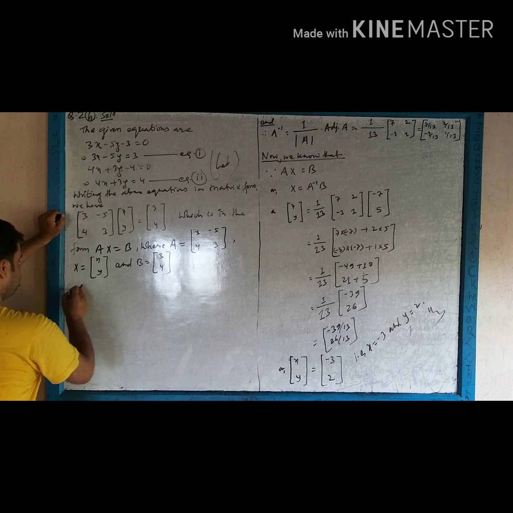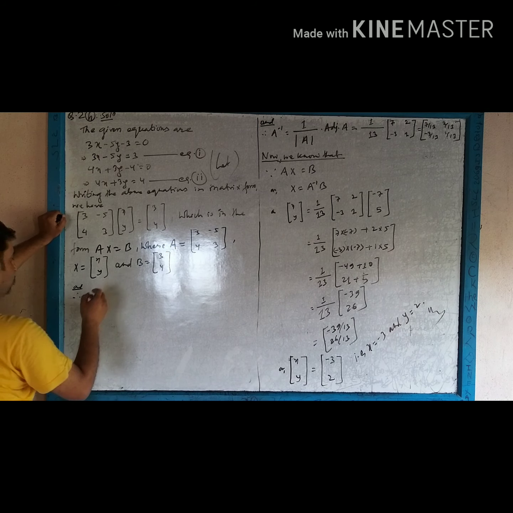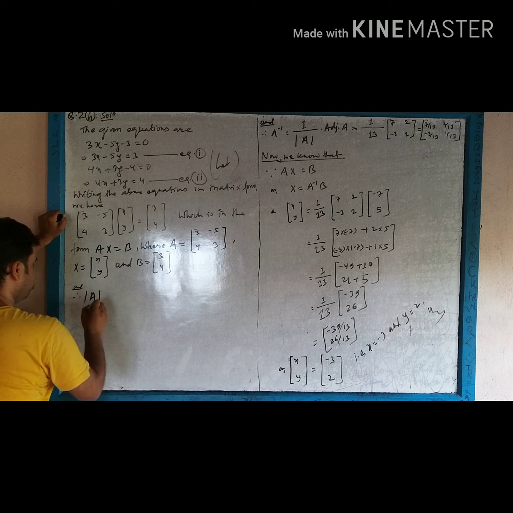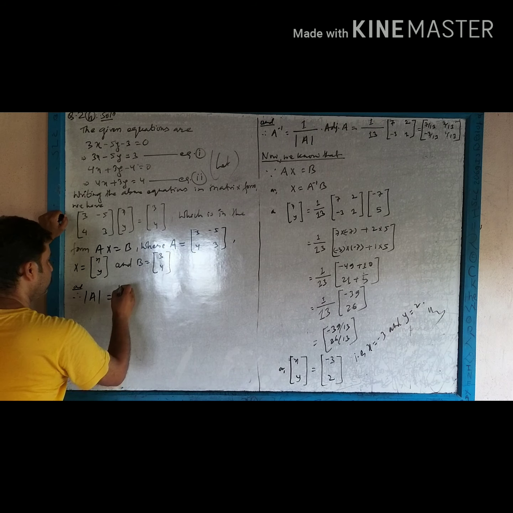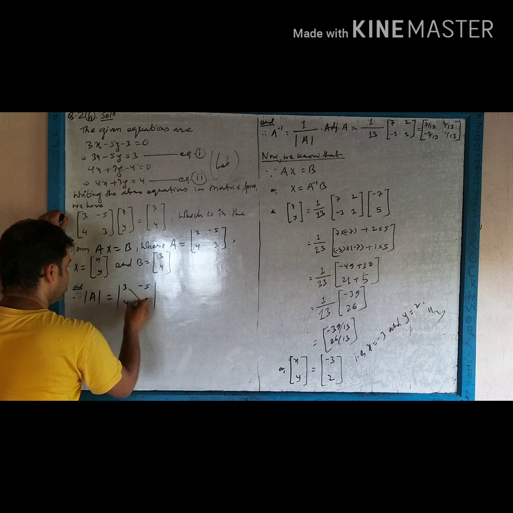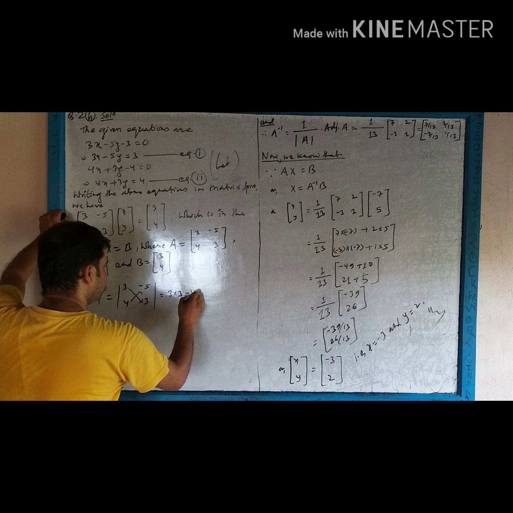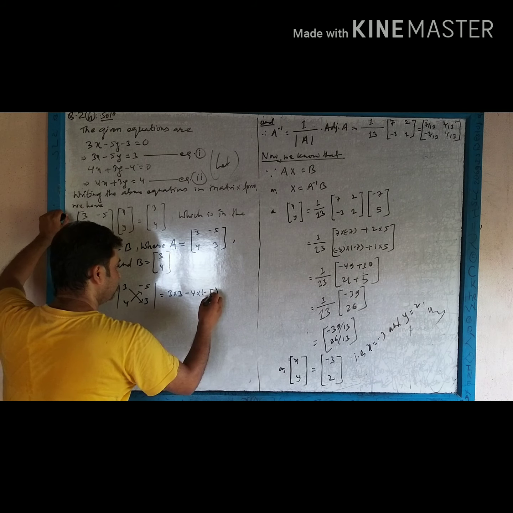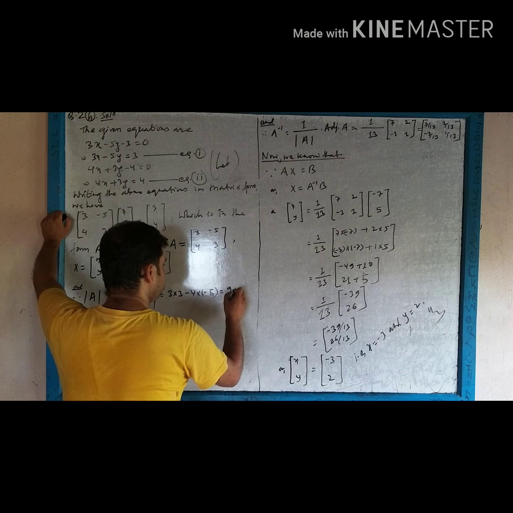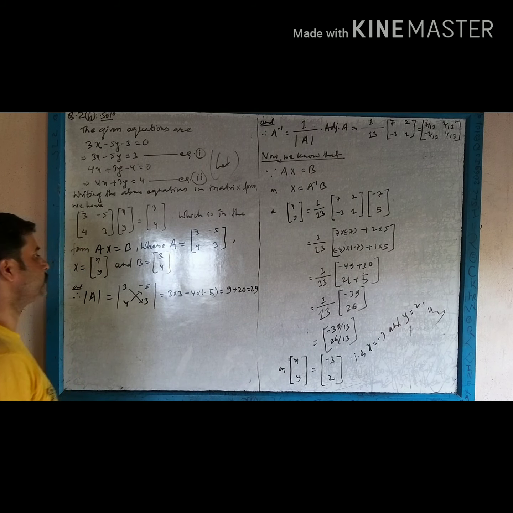And let us find the determinant of A, which is 3, 4, minus 5 and 3. That is 3 into 3 minus 4 into minus 5, which is 9 plus 20, equals 29. It's 29. Okay, no problem.